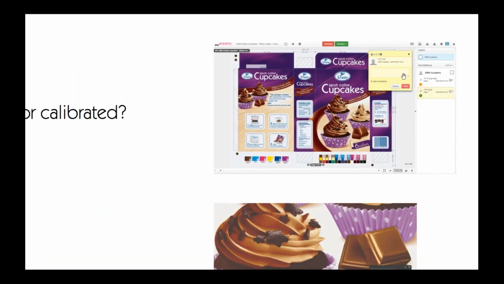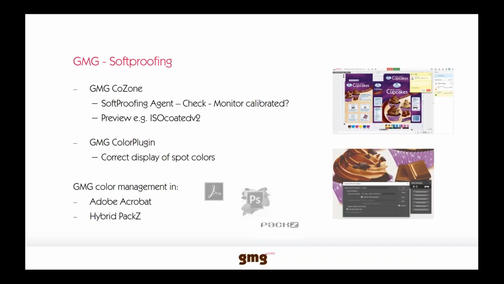You can make annotations, and you see that yellow and green bubble here. So the first annotation is not made with a calibrated monitor, and for the green one, the monitor was calibrated. So you can check during the collaboration phase in your print process if the monitor has a validated profile from the last calibration.